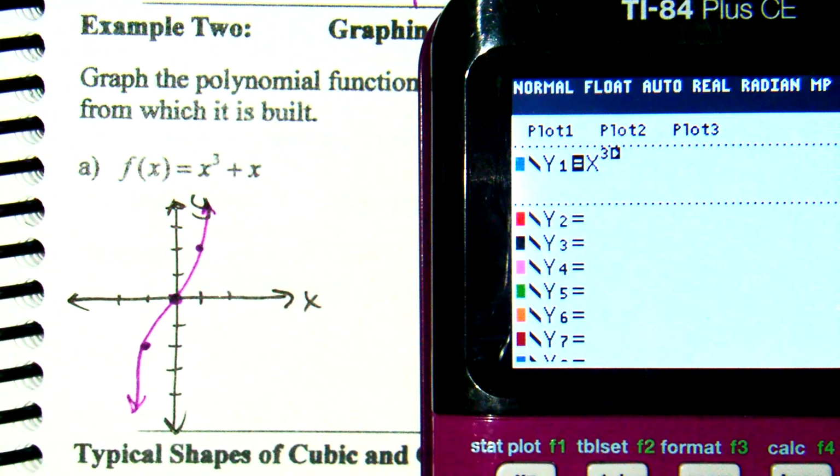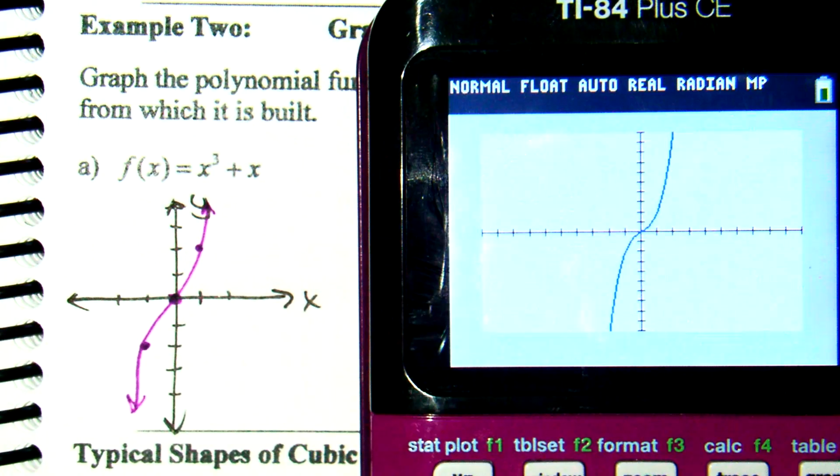So virtually, you all have your own calculators, right? So what I would say is you can see it on your own calculator, y equals x cubed plus x. I've just got that on the standard 10 by 10 screen right now. Now, as we look at this, let's talk extrema. What do we have in the way of extrema here?